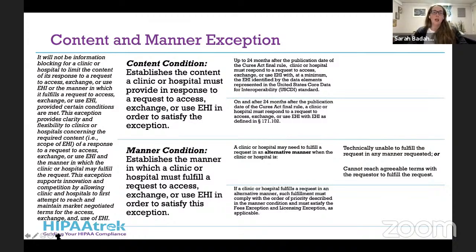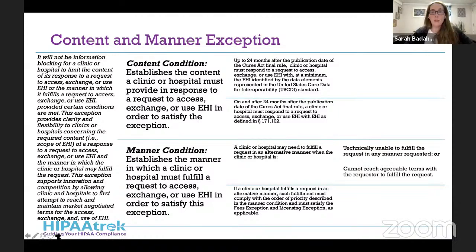All right, the how, the manner condition, this is where I really think it is an exception. If you are unable to fulfill the request in the manner in which the patient or the provider requests it, then you are able to come up with an alternative manner to release that information.